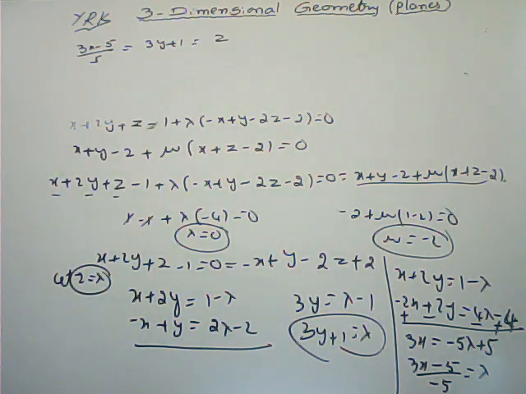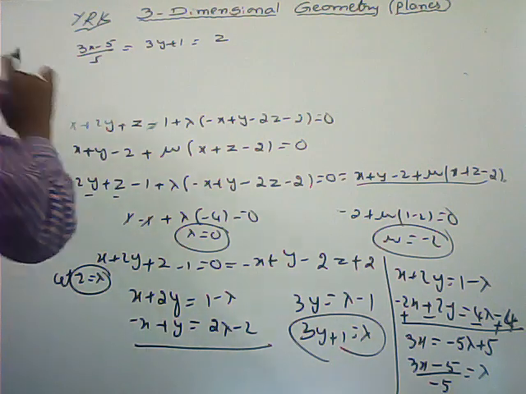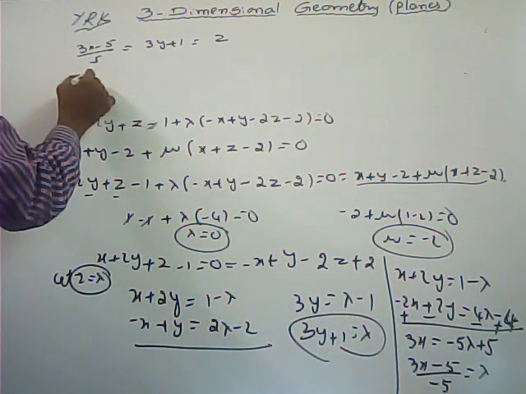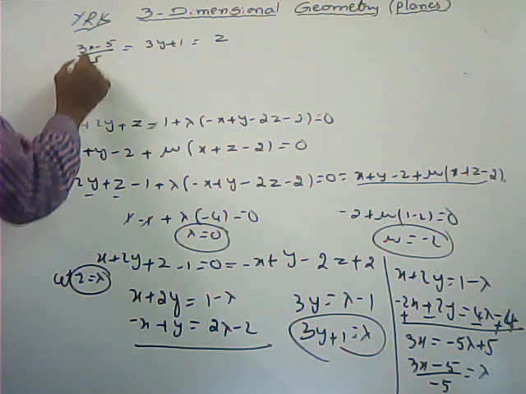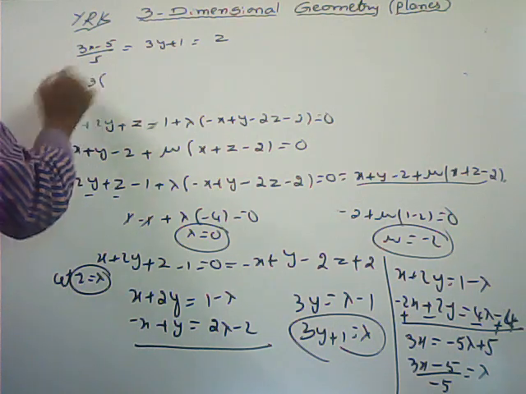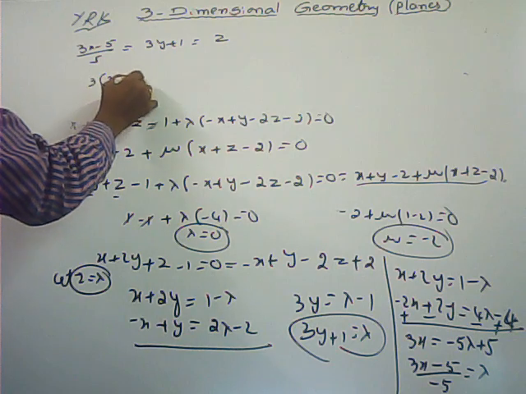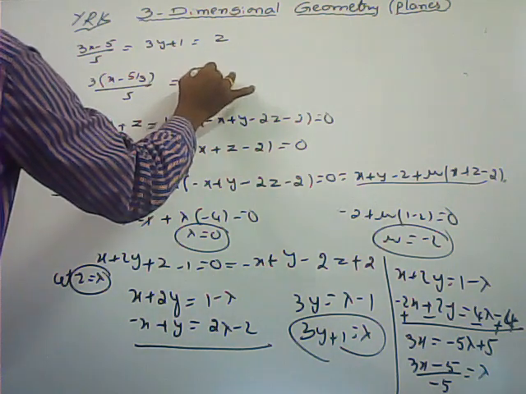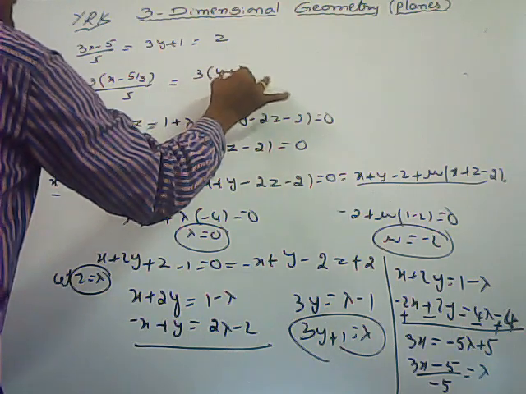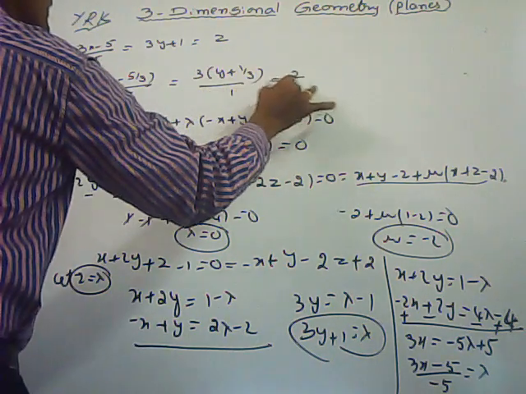So all the three ratios are the same. From these terms, if I take 3 common, (x minus 5 by 3) by 5, is equal to, taking 3 common, (y plus 1 by 3) upon 1, is equal to z by 1.